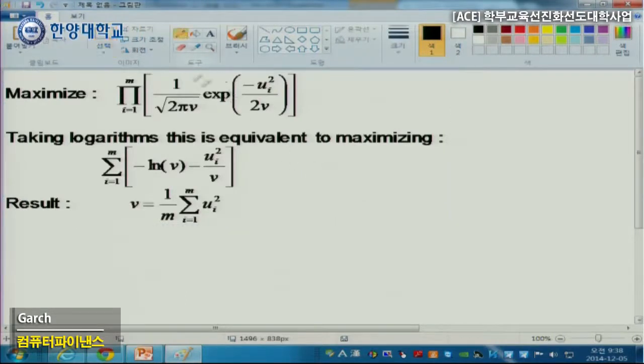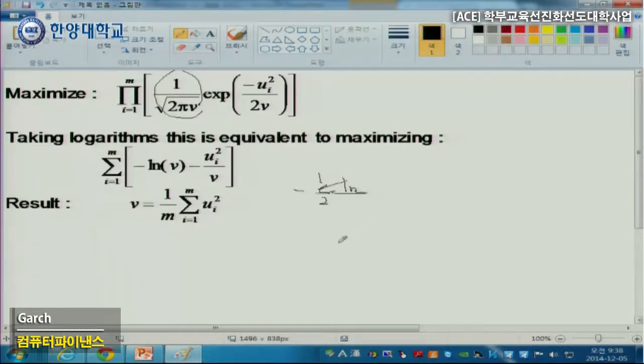Okay, so if we take log over here, then log of this one is actually minus 1/2 log, ln.